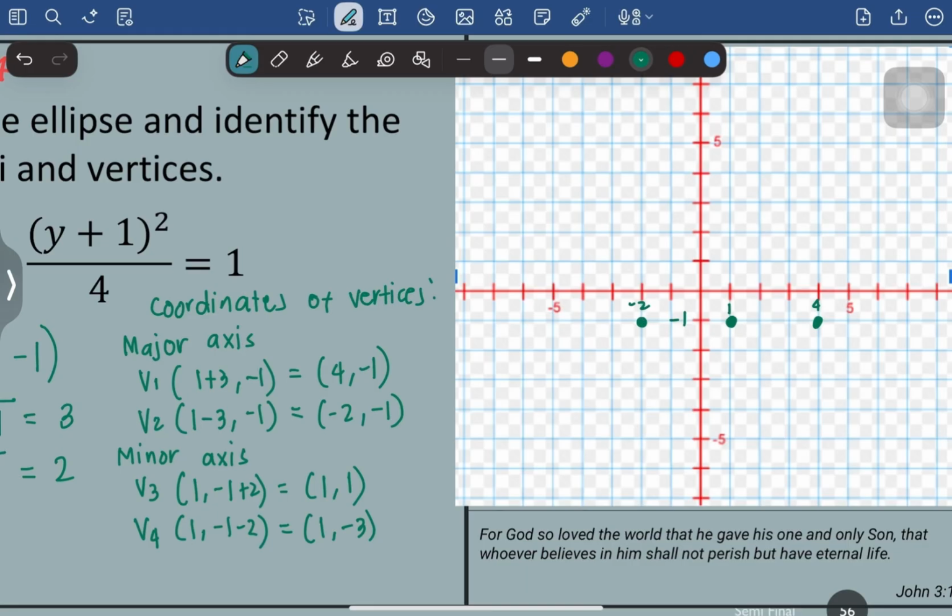Then v sub 3 is at 1, 1, so at quadrant 1. Then v sub 4 is at quadrant 3, located at 1, negative 3.